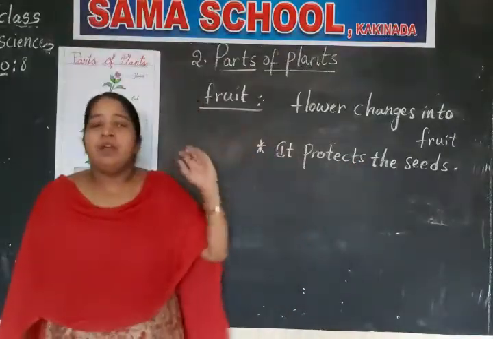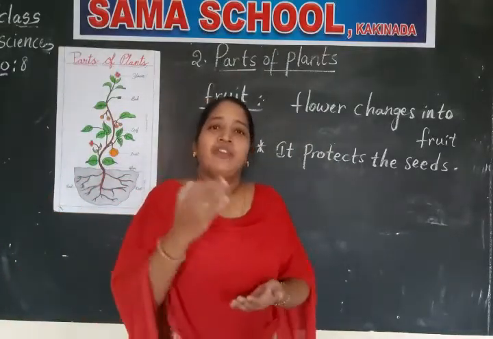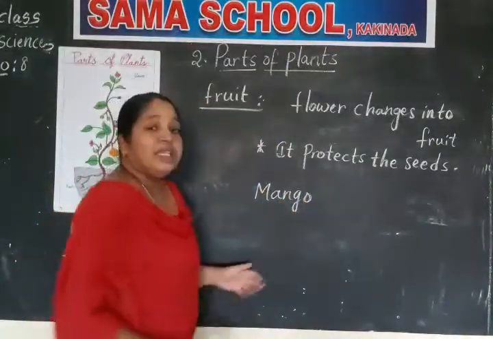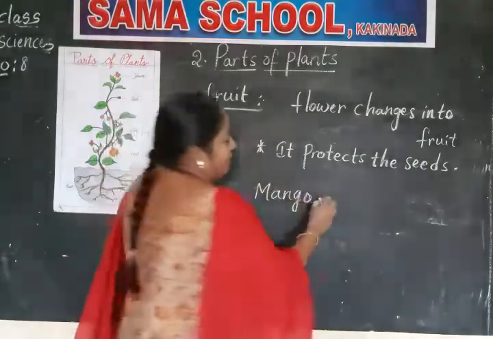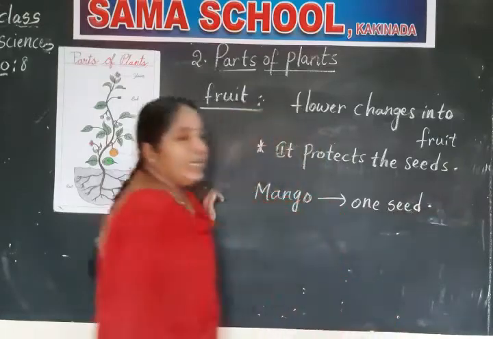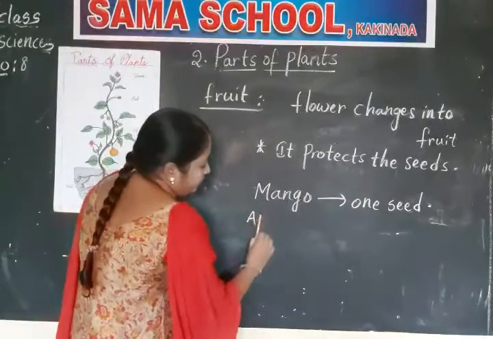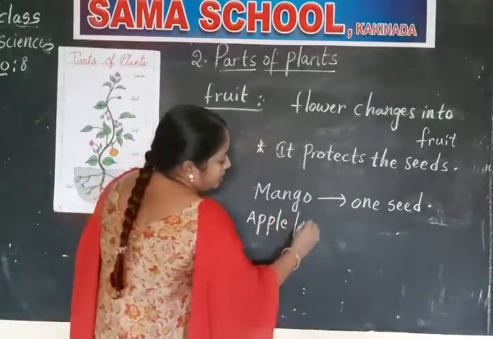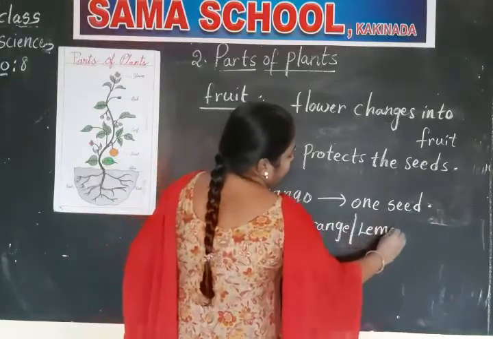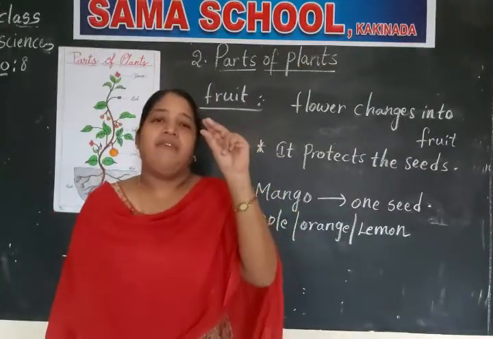For example, if you cut a mango, how many seeds do you observe, children? Only one seed. Mango has only one seed inside it. Clear, children? And if you cut an apple or orange or a lemon, you observe few seeds.